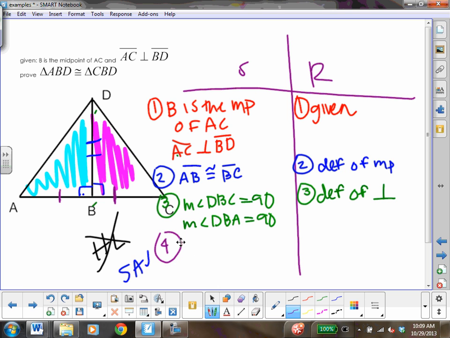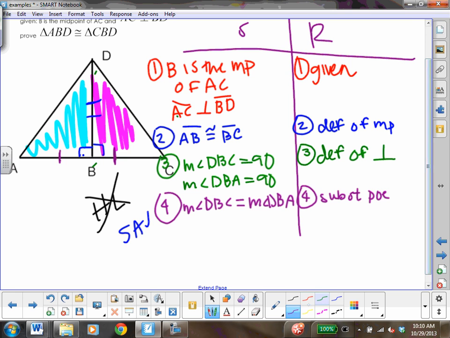Step 4, I'll go ahead and say that these angles equal each other since they both equal 90. Since their measures are equal, they also have to be congruent.